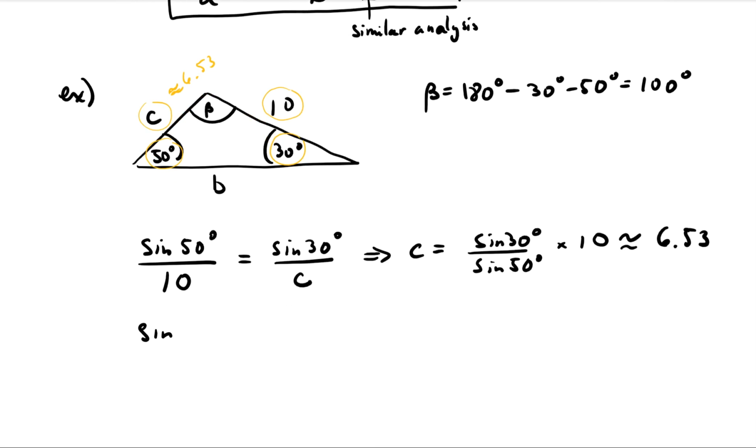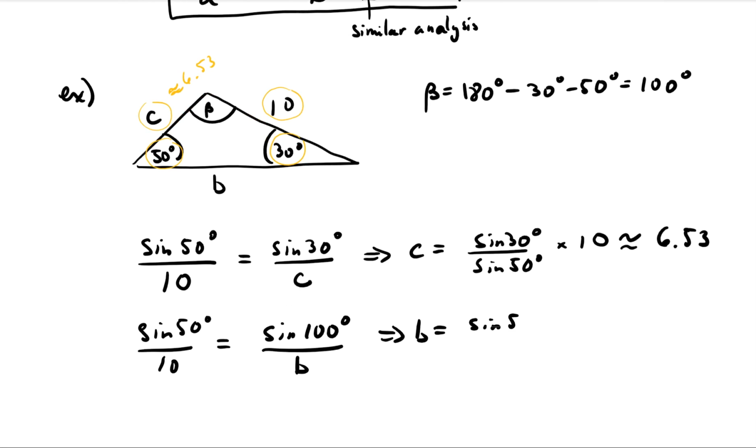So sine of 50 degrees over 10 is in the same ratio as sine of beta over B. For B I need beta, so that's okay. Sine of 100 degrees over B, and that tells me that B is going to be equal to sine of 100 degrees over sine of 50 degrees times 10.